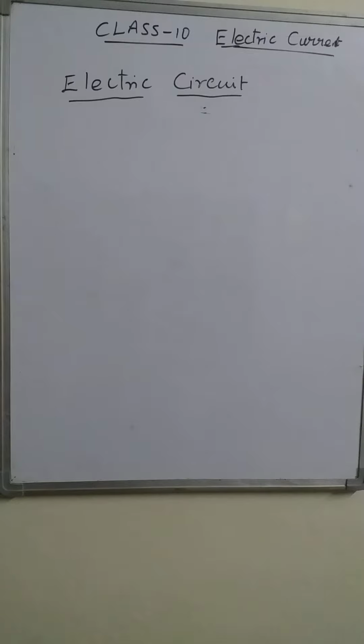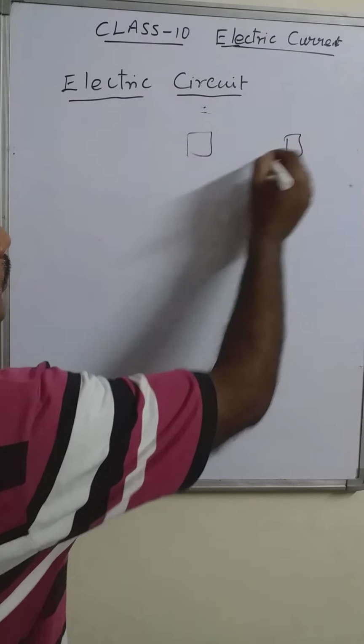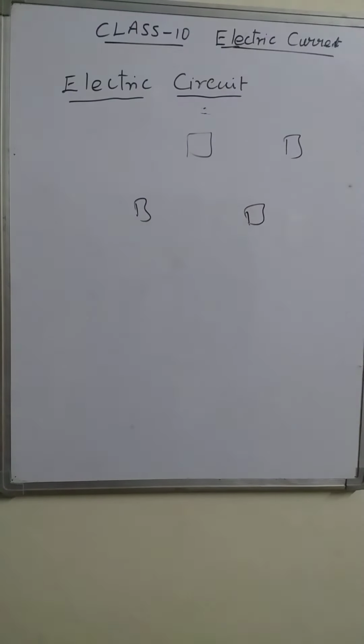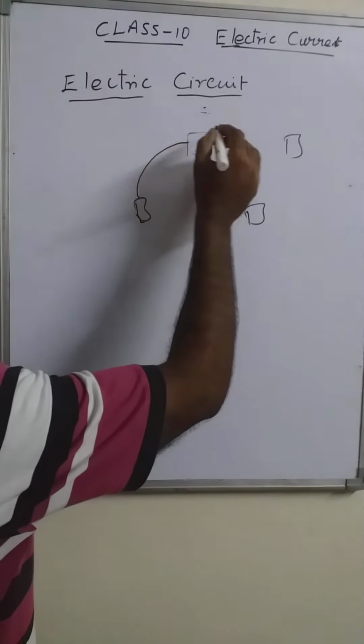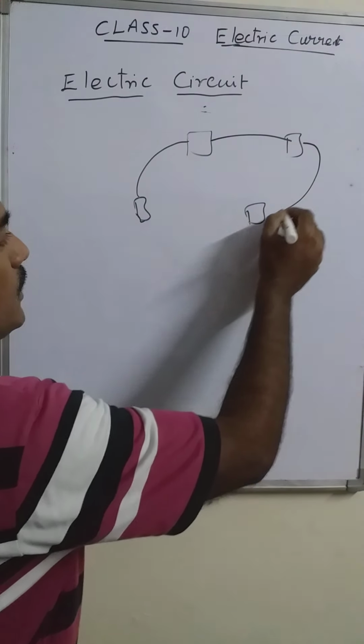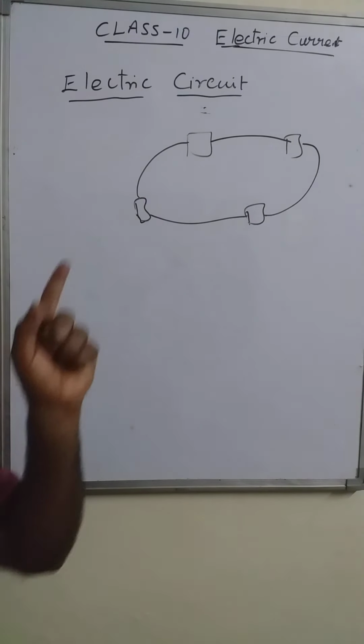Electric circuit is the path along which an electric current flows through many components. There may be any number of components. Suppose this is one component, another component, another component, so 4 components. When these 4 components are connected through a wire, it makes a path.